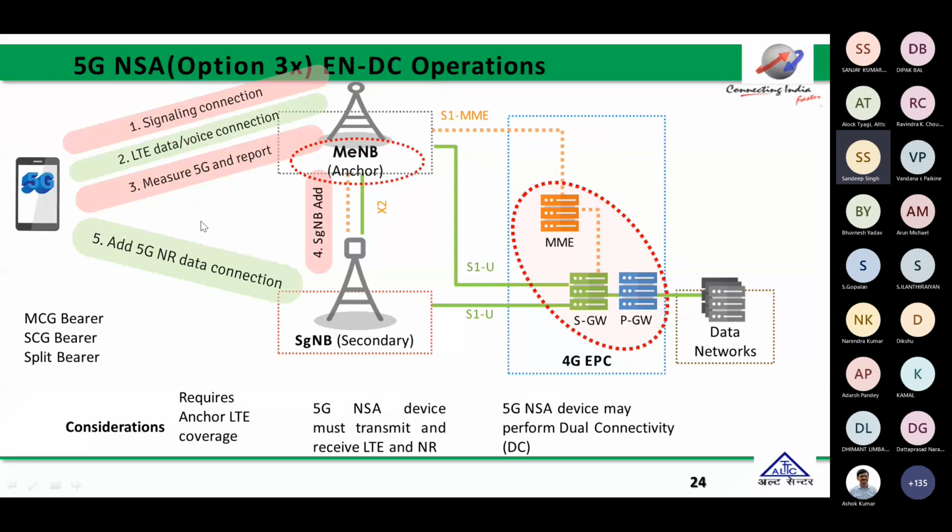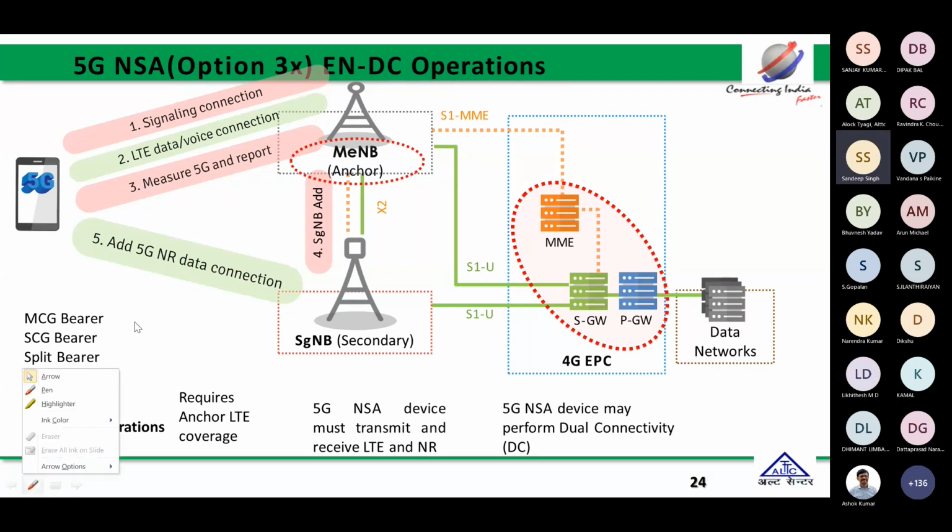There are three types of data radio bearer: the MCG bearer, SCG bearer, and split bearer. All the other steps in setting up traffic between the UE and the 4G core network are very similar to 4G.